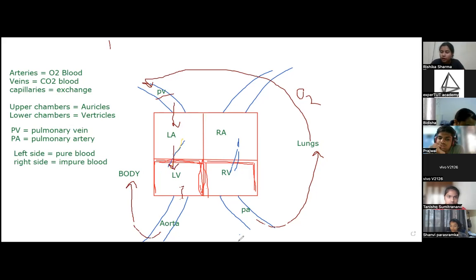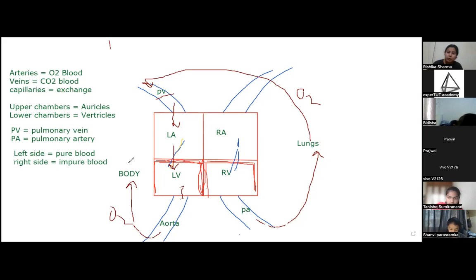And in the body, what it is doing, अभी तक यहाँ पे ये सब oxygenated blood था, ठीक है. In the body, it is delivering the oxygen, ठीक है. Cells को, tissue को, सब जगह वो ऑक्सीजन डिलीवर कर रहा है, और वहां से कार्बन डाइऑक्साइड पिक कर रहा है. It is picking up the carbon dioxide from the cells and the tissue, right.